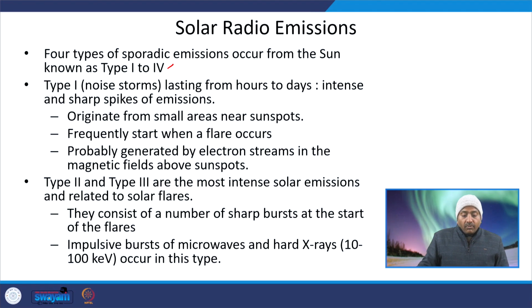So, type 1 refers to noise storms which last from hours to days. Okay. Type 1 can last from a few hours to a few days. What do they involve? They involve intense and sharp spikes of emission in the radio frequency. Okay. Where do they originate from? They originate from small areas near the sunspots, and they frequently start when a flare occurs.